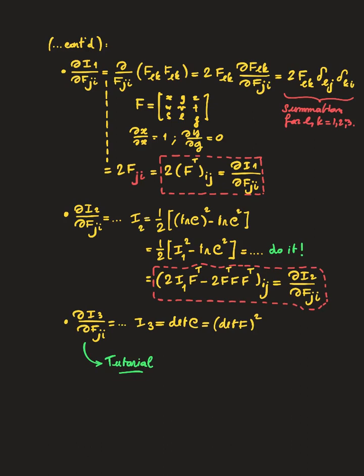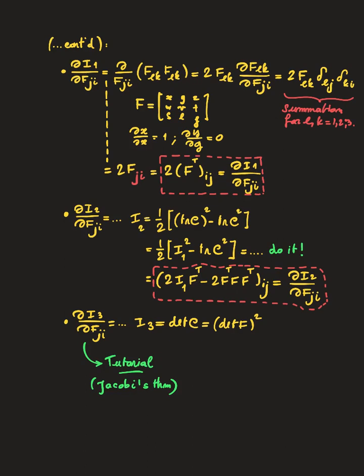By the way, this is an important result, which probably you may have even encountered in other parts of the course, called Jacobi's theorem. Jacobi's theorem is essentially telling you how to compute the derivative of a determinant.